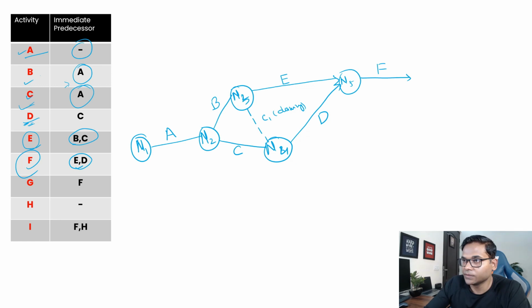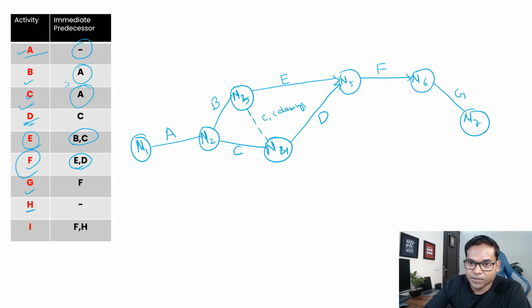This is your F activity, node 6, and then your G is starting after that F, so you can just draw the G activity. Let's call it node 7.